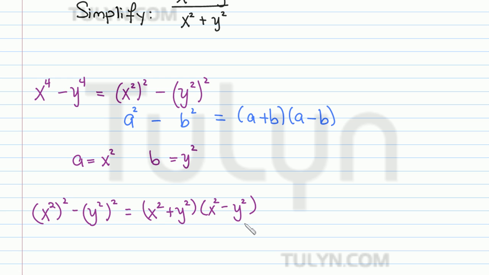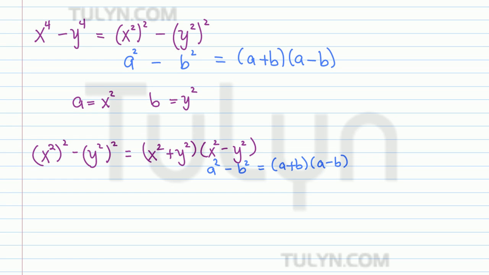But x squared minus y squared is another difference of squares, right? So a squared minus b squared is equal to a plus b times a minus b, and we can use this formula again. So this simplifies to x squared plus y squared, which stays the same.